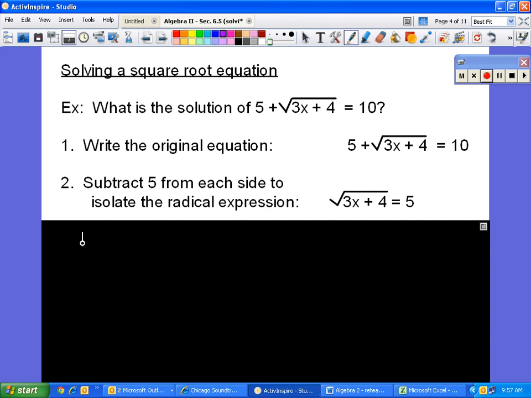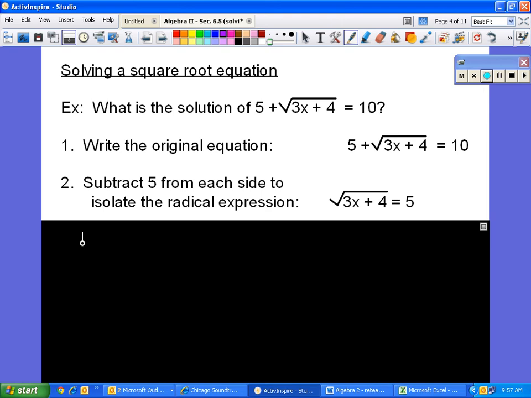Now, looking at this, does anybody have any thoughts? Do you have any thoughts about how we're going to get that x out from underneath the radical sign? The same as the other one. Put it on a line. A division one.